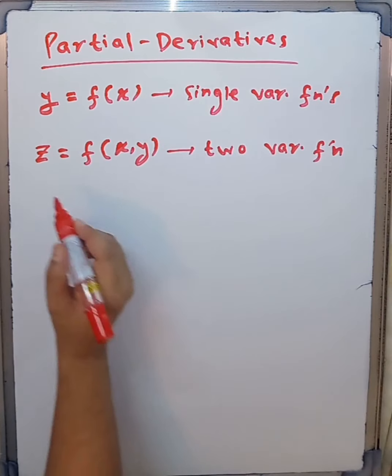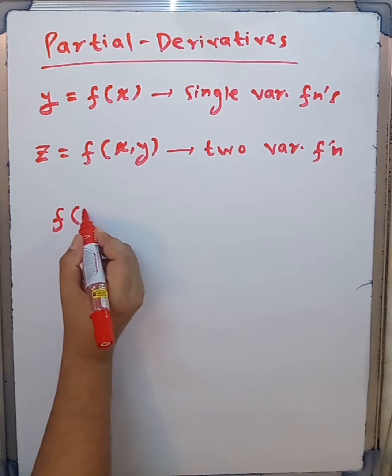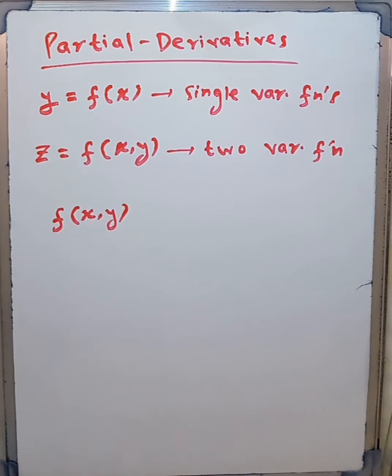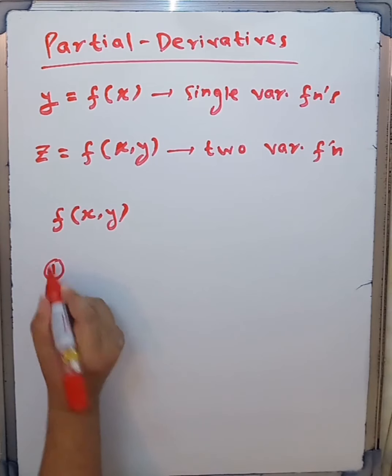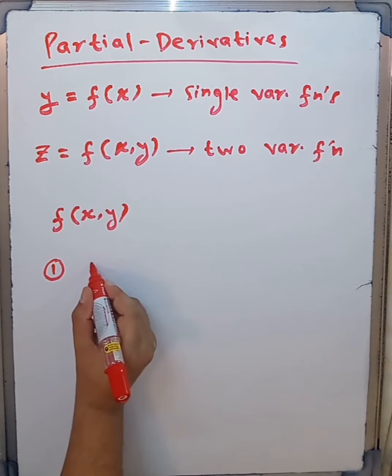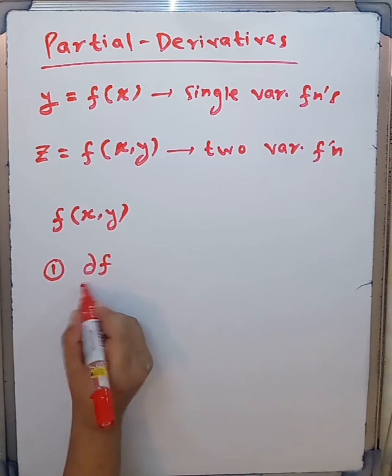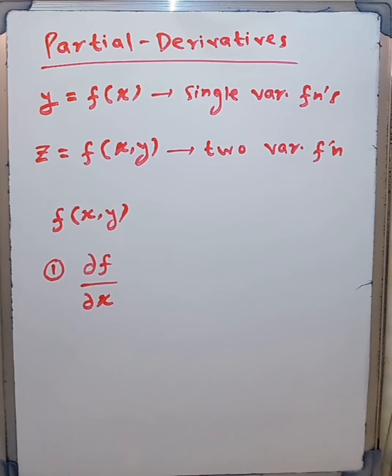Now, this function of 2 variables, f(x, y), we can differentiate it partially. We can differentiate f partially with respect to the variable x.